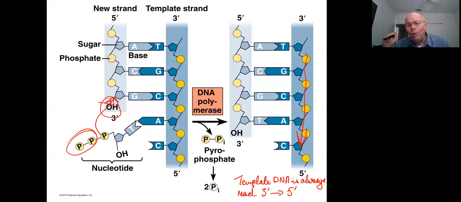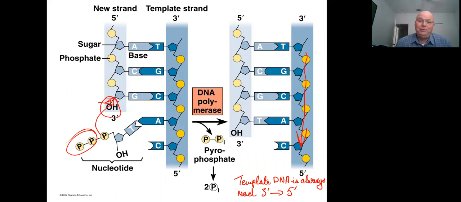Template DNA is always read 3' to 5'. The complementary strand, whether it be during DNA replication or whether it be during transcription, is always built in the 5' to 3' direction, because the polymerases can only add nucleotides to a 3' end. That's all they know how to do.